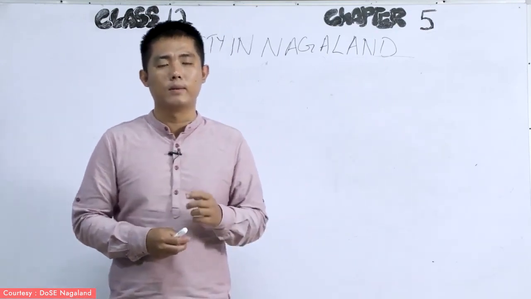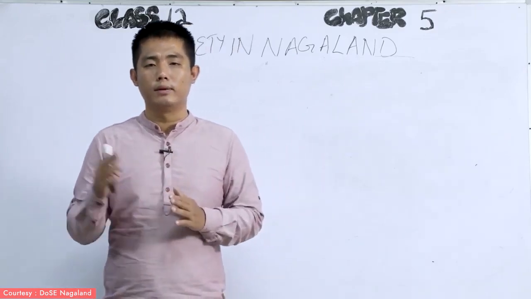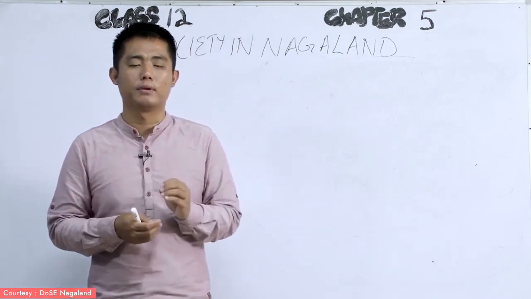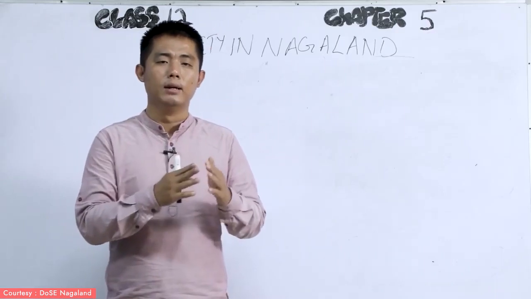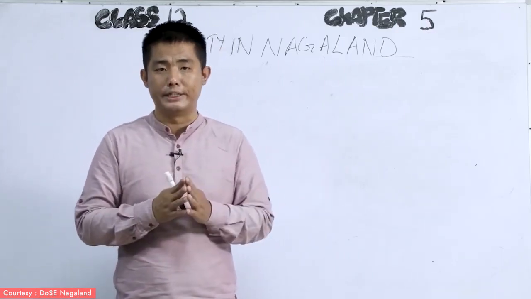And I repeat again, the moiety system is an equal division. It is derived from a French word which means half. So the moiety system, which is there among the Angamis, means two kinship groups which are exogamous to each other.